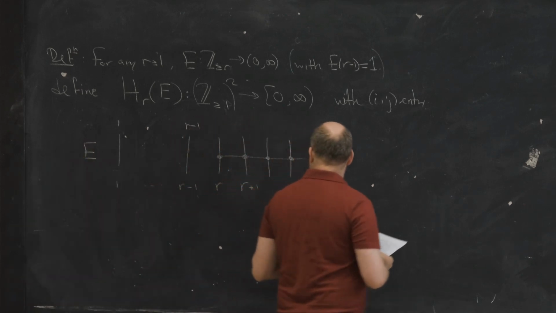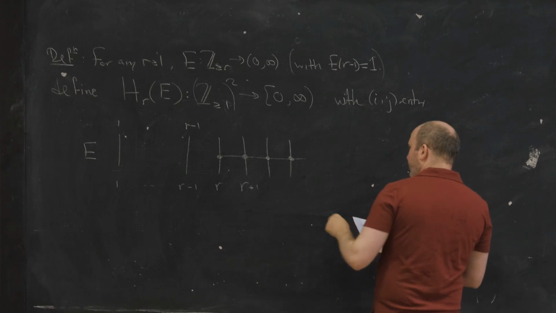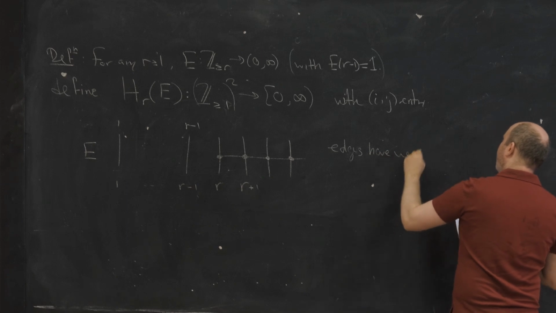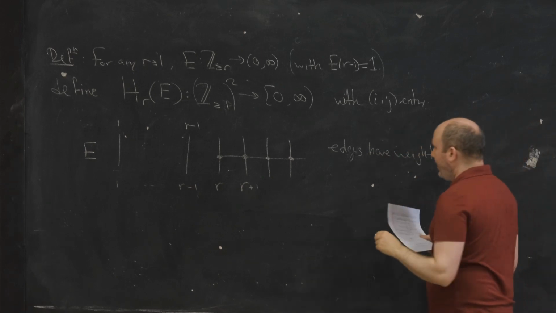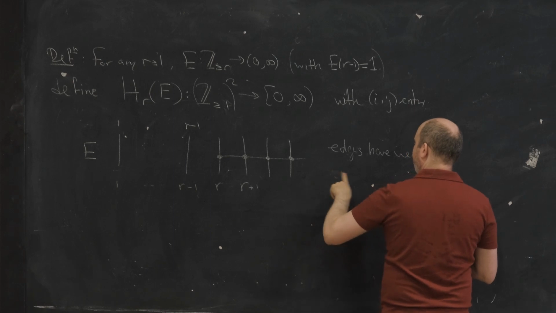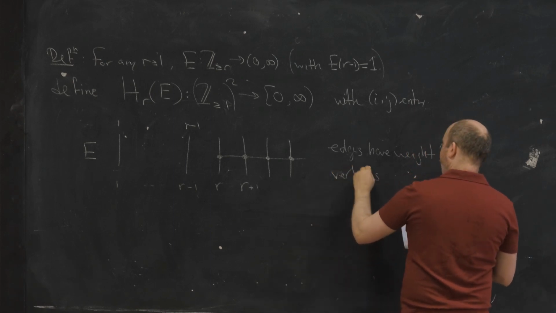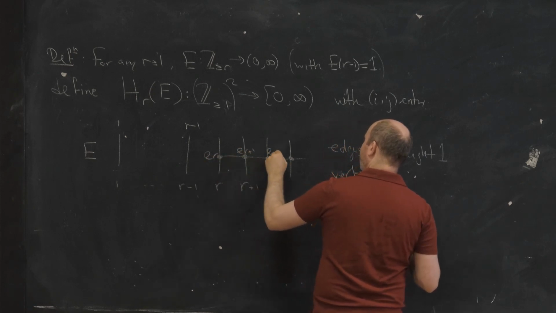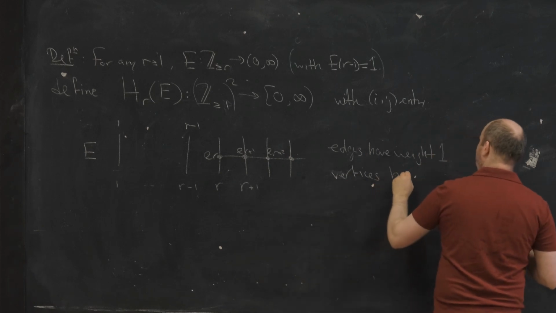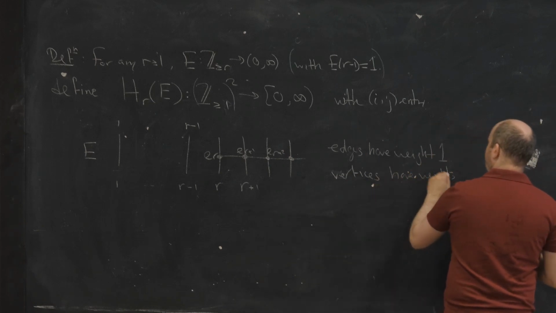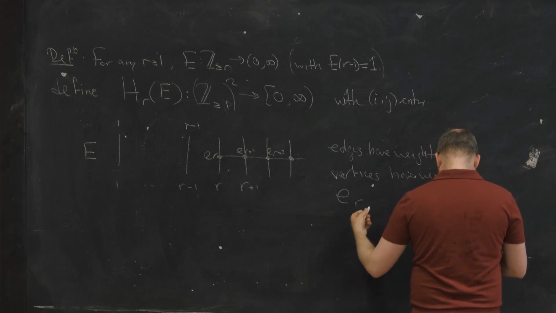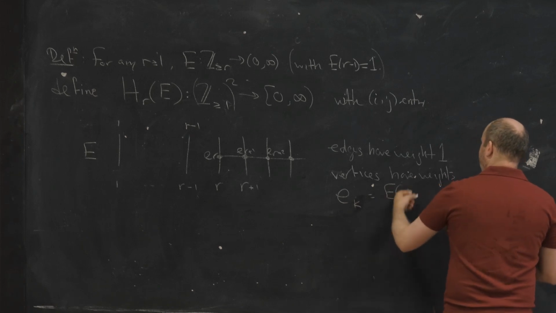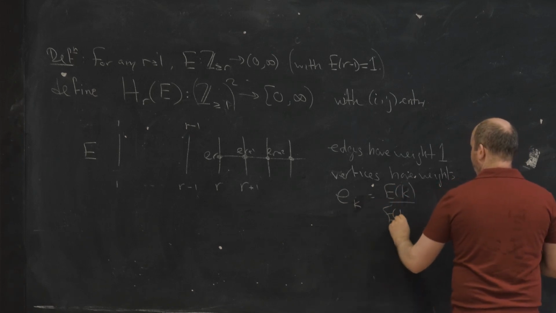So what I now do is I think of associating to every edge weights. Edges have weight 1. And the vertices, so this vertex has weight little er, this one has little er plus 1, little er plus 2, and so on. The vertices have weights which are given by, let's say, e_k, which is equal to capital E of k over E of k minus 1.